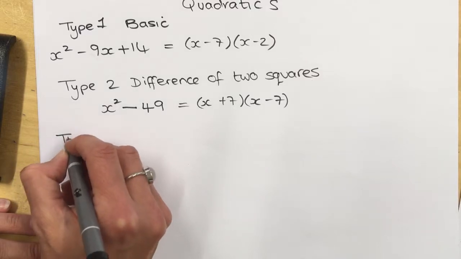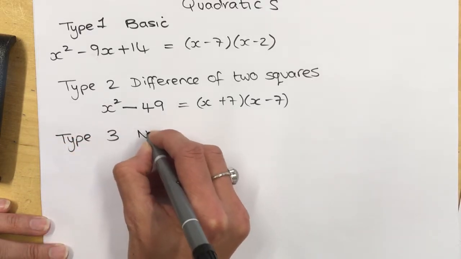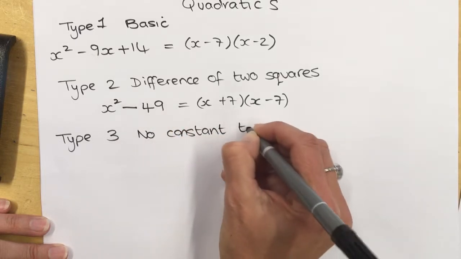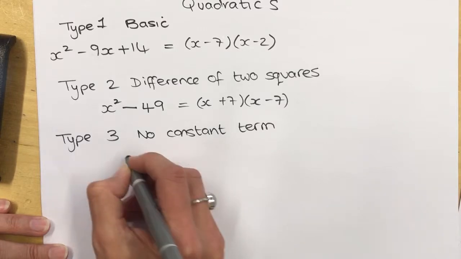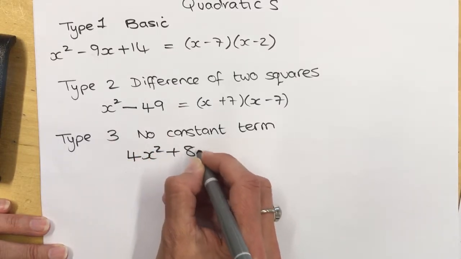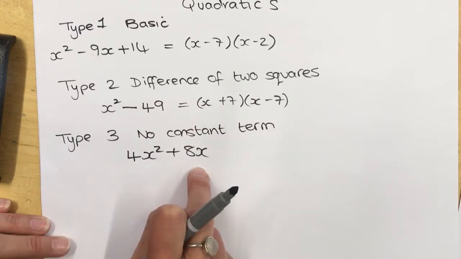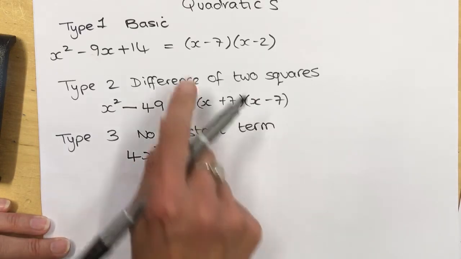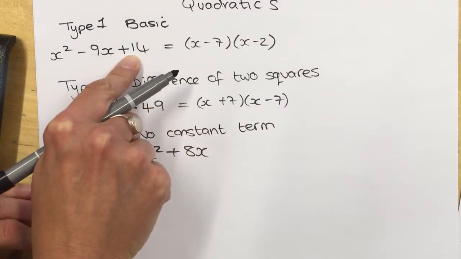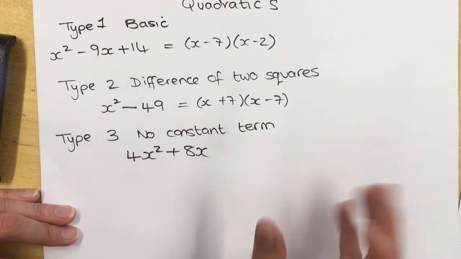Okay, type 3. There is no constant term. So we have, for instance, 4x squared plus 8x. So we have a term in x squared, we have a term in x, but there is no constant term. Like here, that's the constant term on its own, just the integer 14, but there is no integer, no number here, so there's no constant term in this.